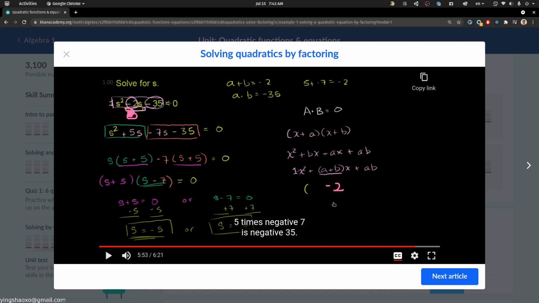They come up with two numbers in their mind that equal this number, for example, 5 and -7. And it just happened that 5 times -7 also equals the last number that they have, in this particular case -35.